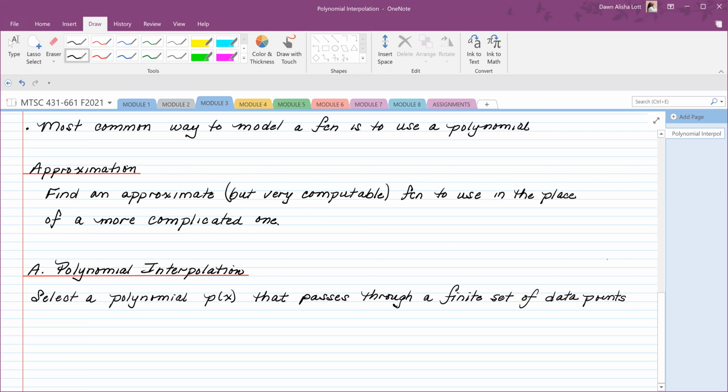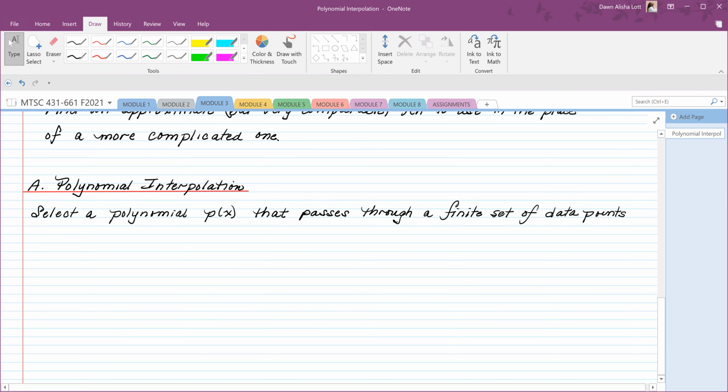By that I mean we're going to find a polynomial P of x that interpolates the given data.